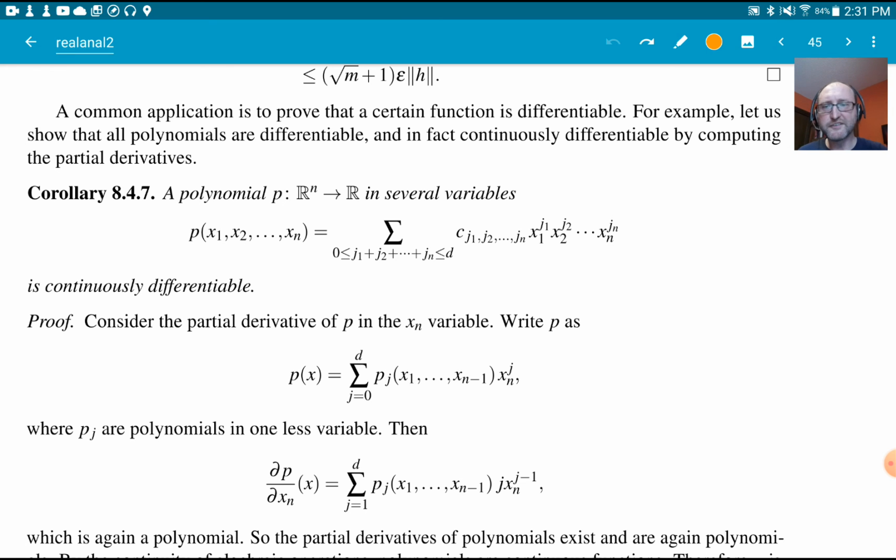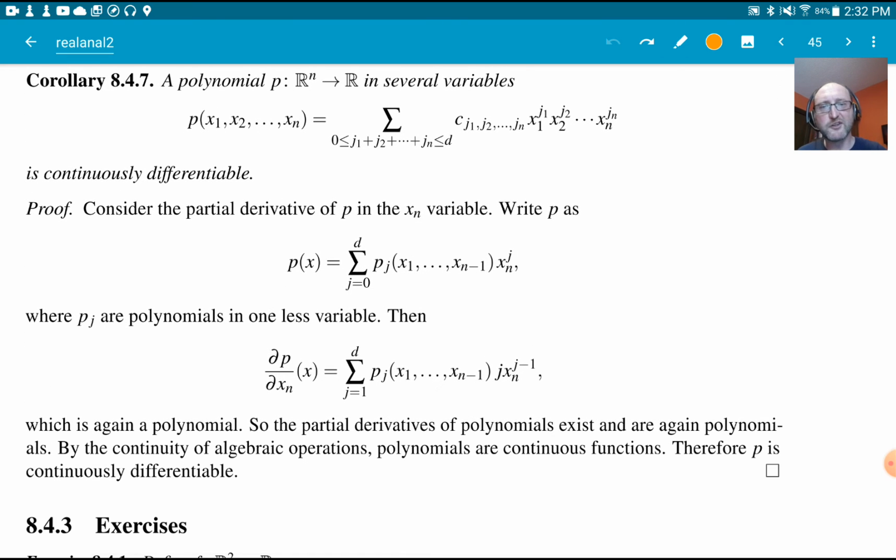There's a bunch of ways of doing that, but you could do this in each variable separately. So, for example, in the nth variable, xn, you could rewrite this expression as an expression like this, where you're basically writing it as a polynomial in xn.